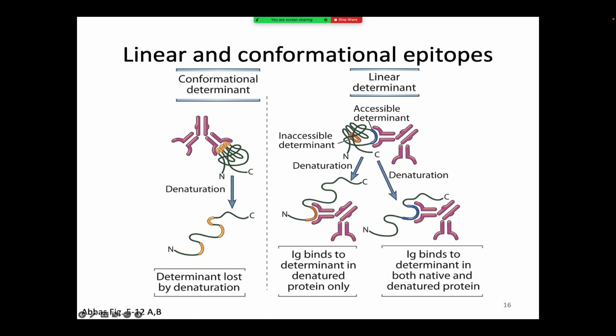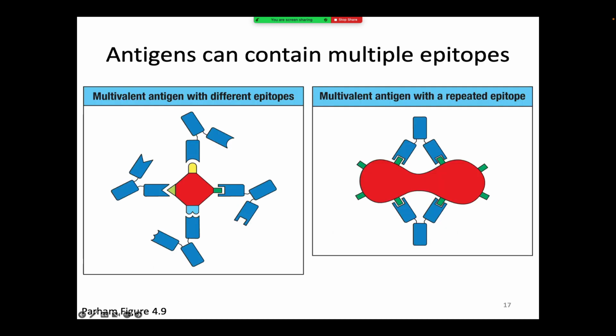So the part of this that is a little bit challenging for people is that, as I mentioned before, antigens can contain multiple epitopes. Here you see two different examples of antigens that contain multiple epitopes. Here you can see an antigen that has 4 different epitopes.